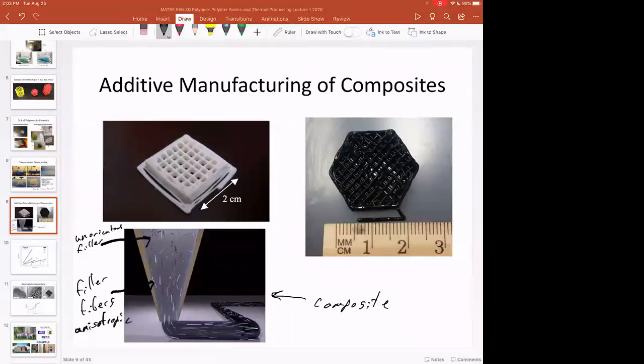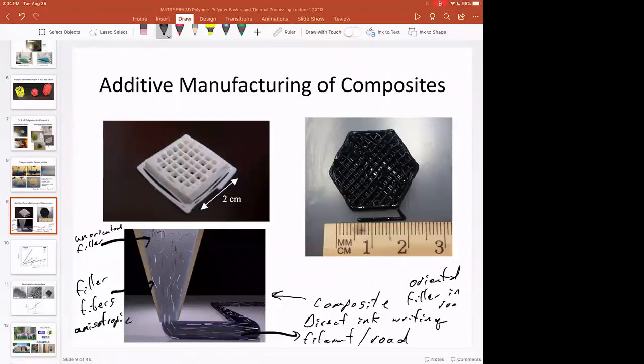And then once they come out of the filament, so this is a direct ink writing filament, sometimes called a road, and we'll talk about that. You see now these are oriented fibers in the filament. So you go from an unoriented filler to an oriented filler in the road.